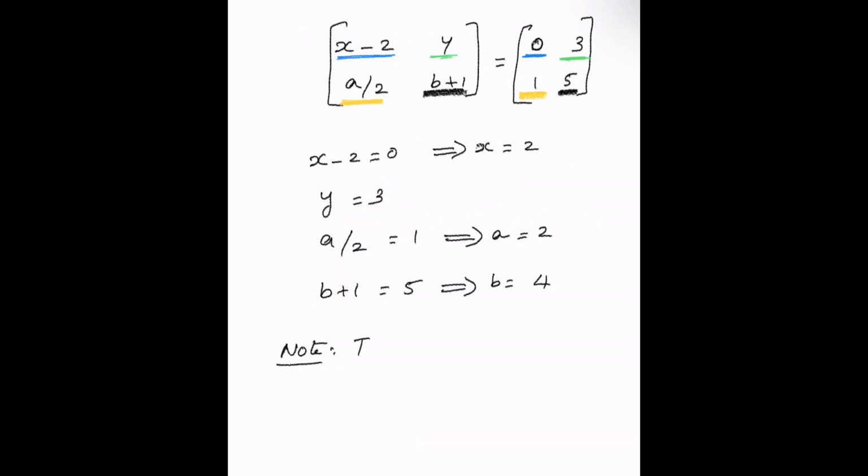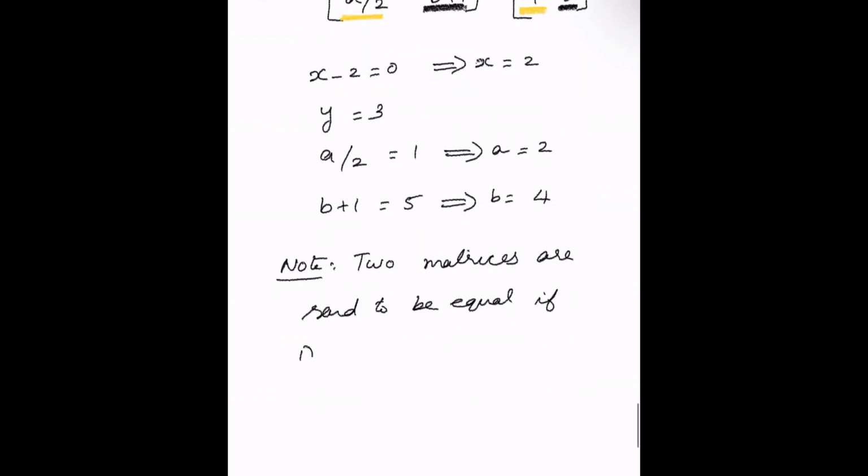Two matrices are said to be equal if, first one, both the matrices have the same order.